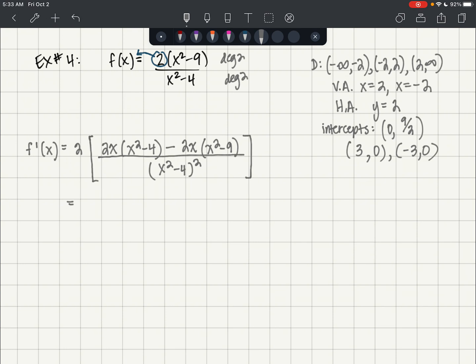I'm going to simplify that. I've got 2, and then I'm going to have 2x cubed minus 2x cubed cancels out. I'll have negative 8x plus 18x is negative 10x.